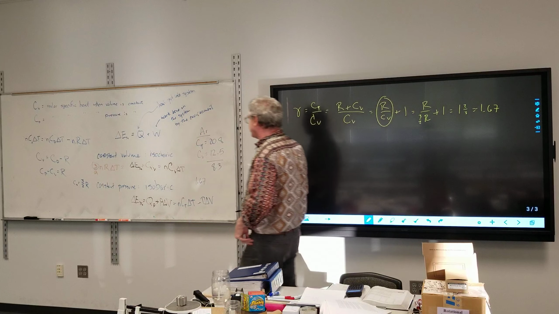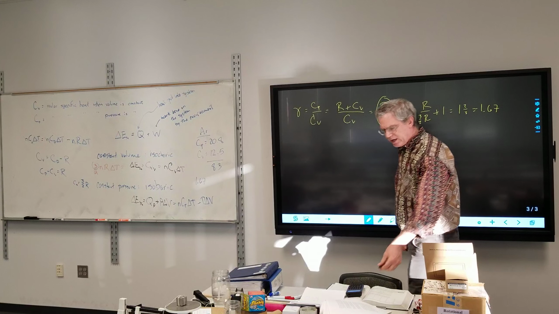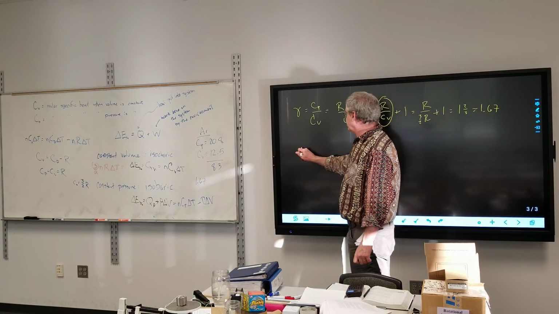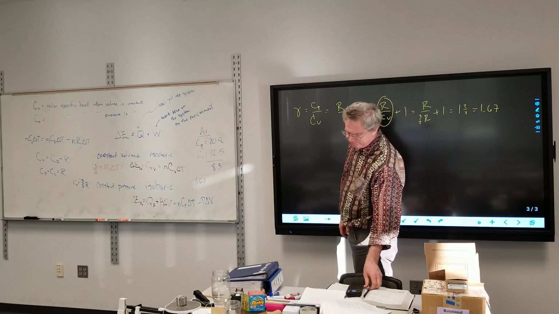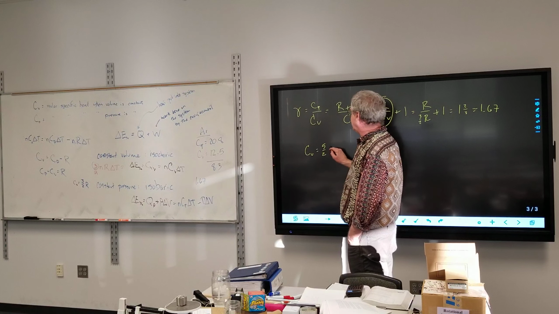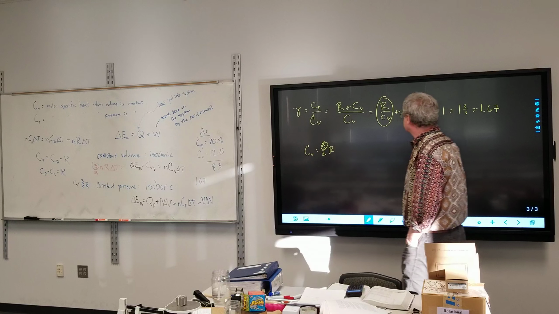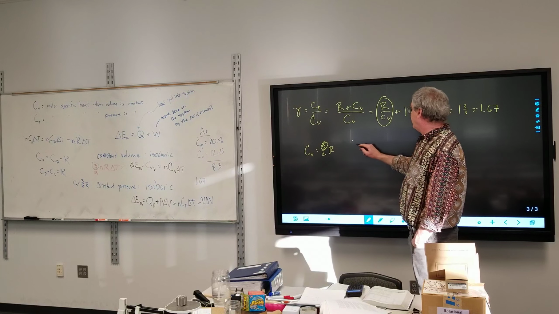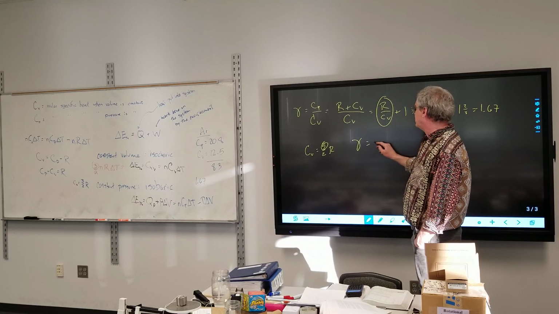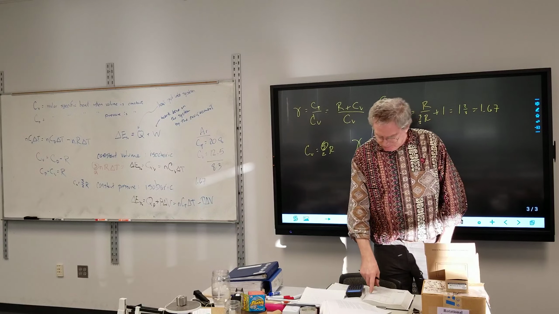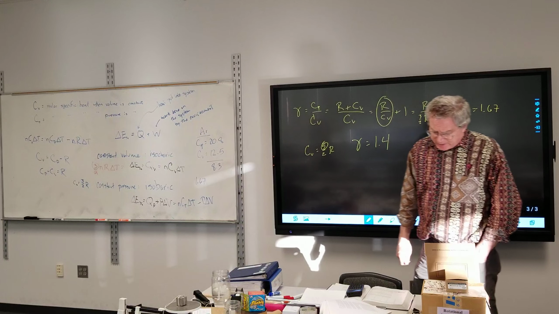So what I'd expect for a diatomic molecule is C_V equal to 5/2 R, because I have 5 degrees of freedom. So my gamma value should be somewhere around 1.4, which really seems to match for the diatomic molecules.